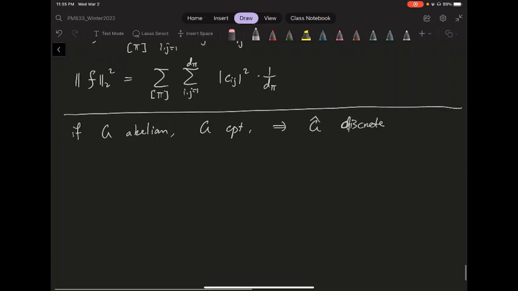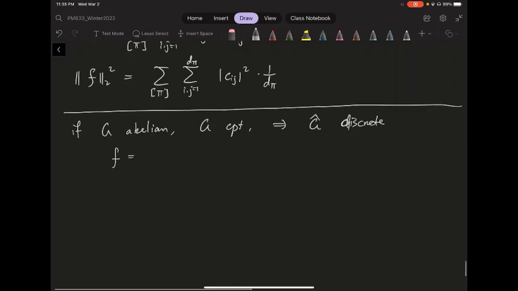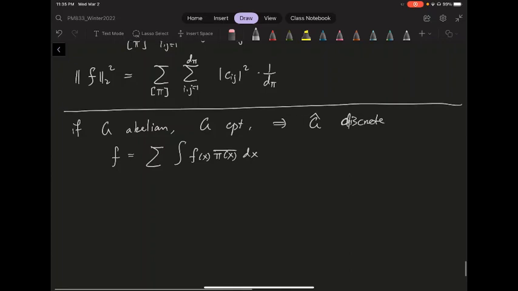From the Plancherel theorem for the abelian analysis, f is just equal to the summation of these integrals of f of x times the conjugate of pi of x dx, and then you multiply by the corresponding character.